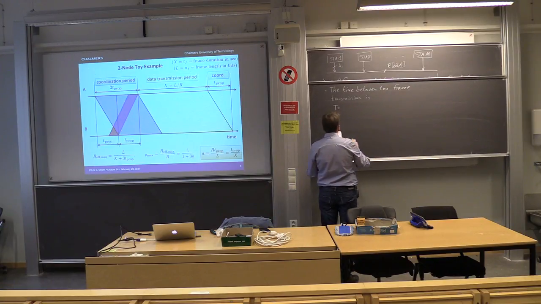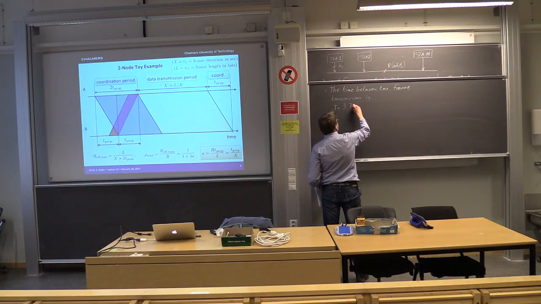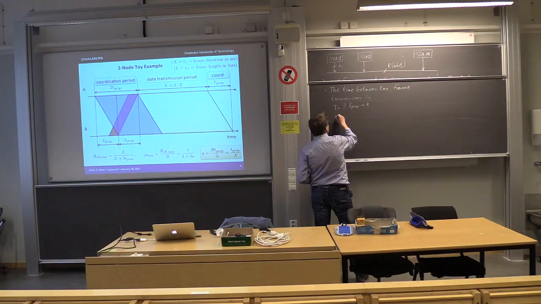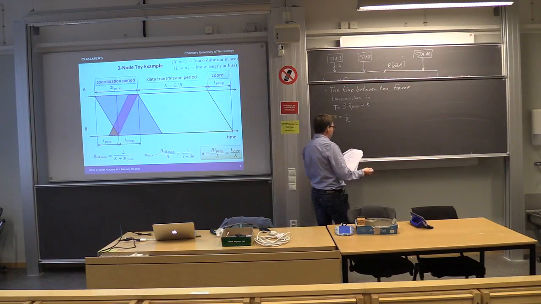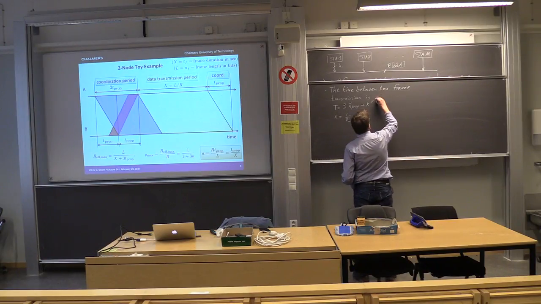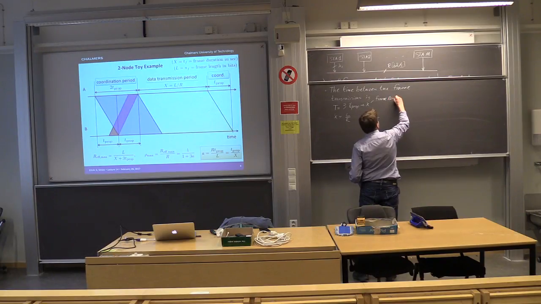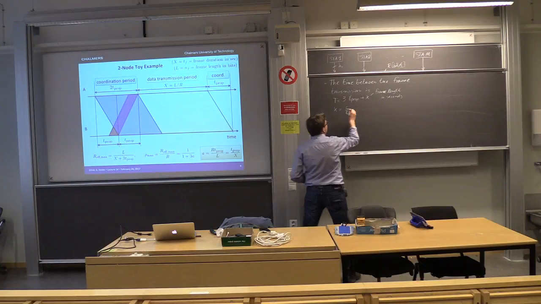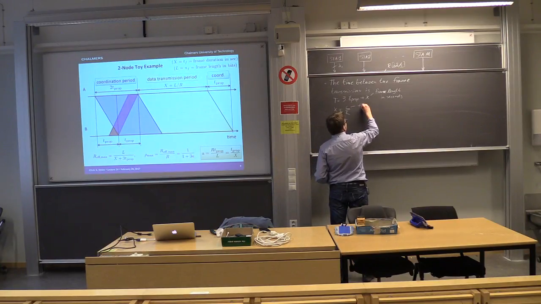So t here, first of all, is 3t prop plus x, and x is L divided by R. So x here is the frame length in seconds, and L is the frame length in bits.